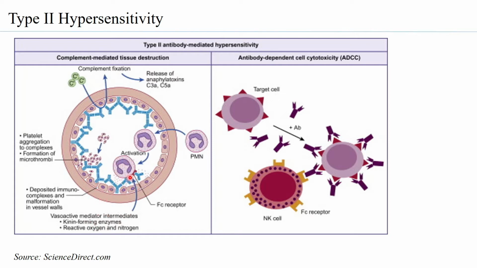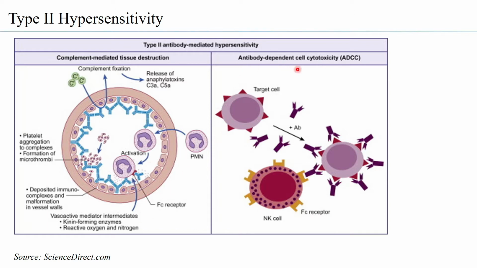So as you can see, the immune cell or the cytotoxic cell has an Fc receptor, and this Fc receptor can bind to the antibody, and the antibody in turn is bound to the cells. So this is how complement mediated tissue destruction occurs.